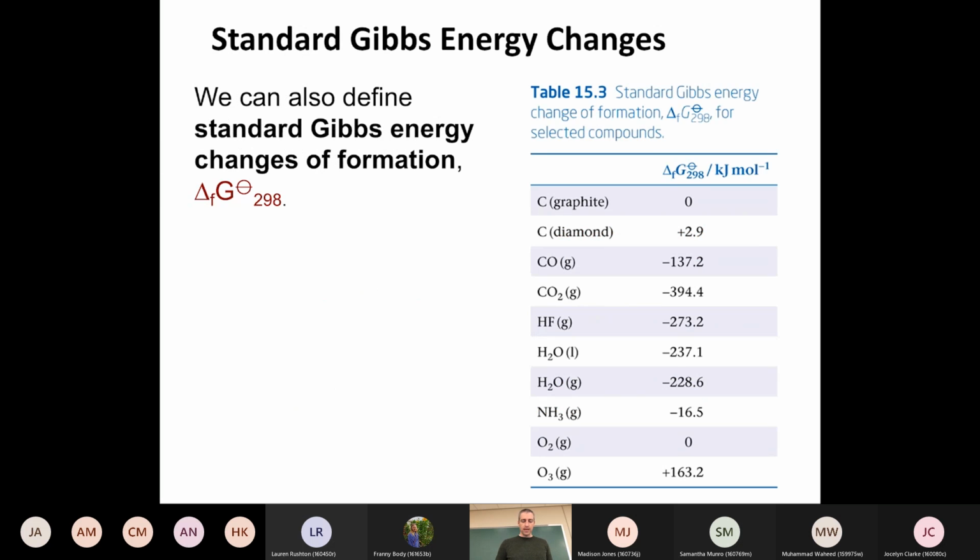Cool. One other way we can calculate delta G's for reactions is, we have standard molar entropies in a table. We have enthalpies of formation in a table. There's also something called standard Gibbs energies of formation that are again in a table. And if you can get your hands on delta G's of formation, then this becomes actually quite straightforward.